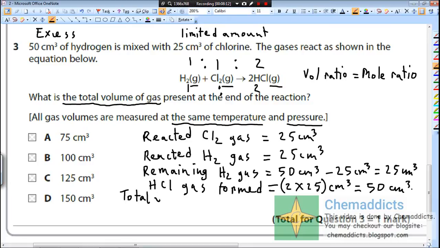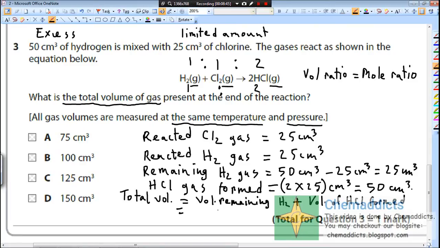Okay, so the total volume would be the volume of remaining hydrogen gas plus the volume of HCl formed. Okay, so this would be the actual thing.